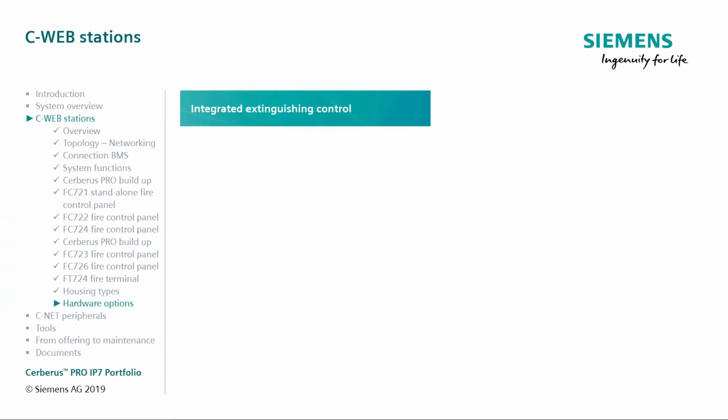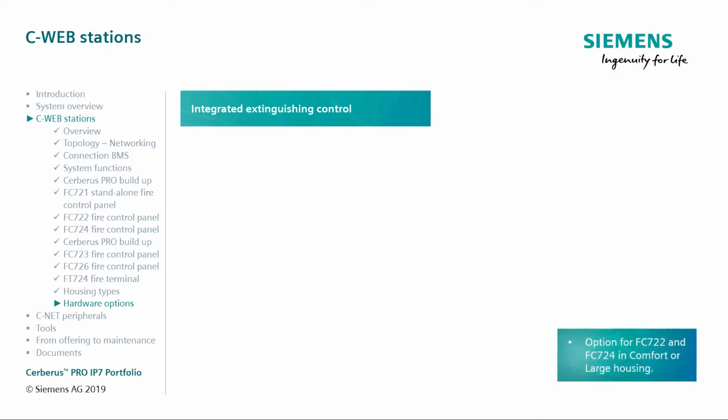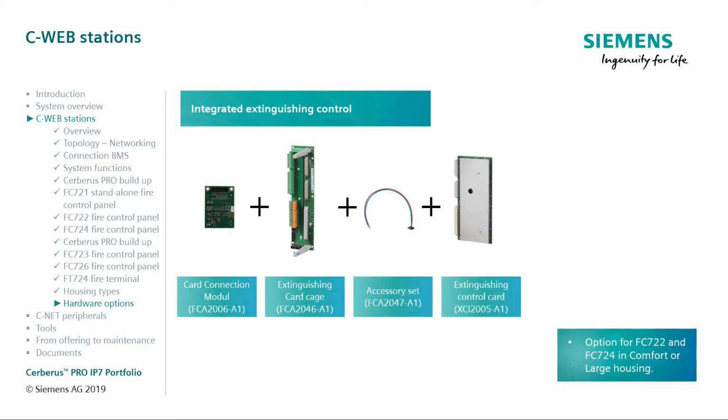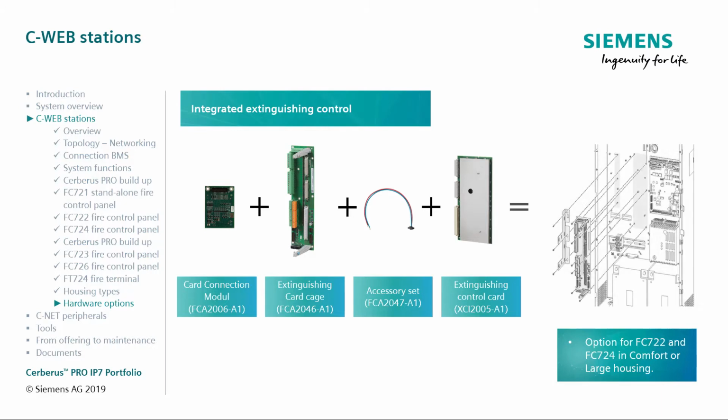A single extinguishing sector can be added to the FC722 and FC724 in comfort or large housing by adding the XCA2005A1 extinguishing kit, which includes the connection module, the extinguishing card cage, the accessory set, and the extinguishing control card. This kit offers you high-end featured extinguishing control seamlessly integrated in our fire detection system.